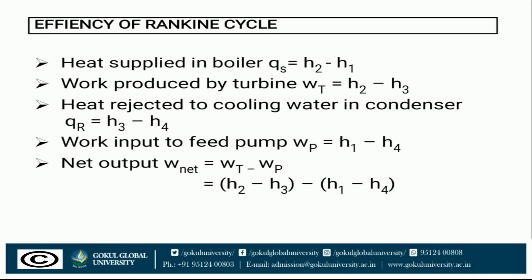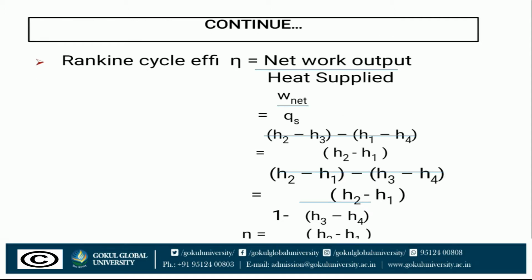Now we find the net output. W net is equal to work produced by the turbine minus work consumed by the pump, which is equal to (H2 minus H3) minus (H1 minus H4). The Rankine cycle efficiency eta is the ratio of the net work output to the heat supply, W net to Qs, which is equal to [(H2 minus H3) minus (H1 minus H4)] divided by (H2 minus H1).